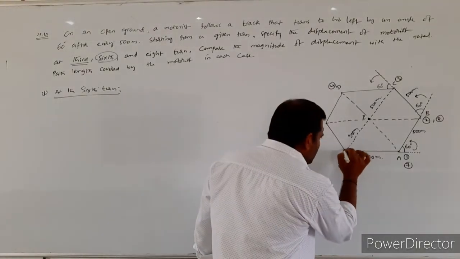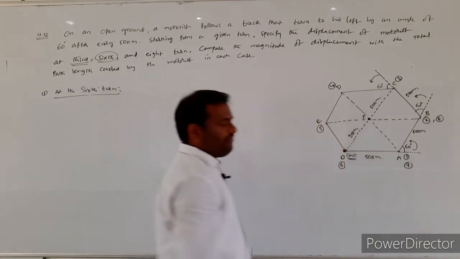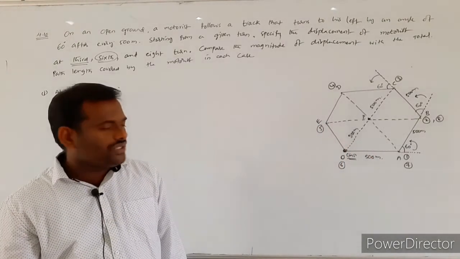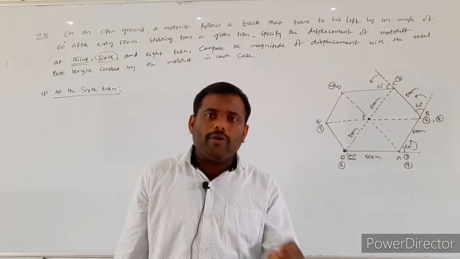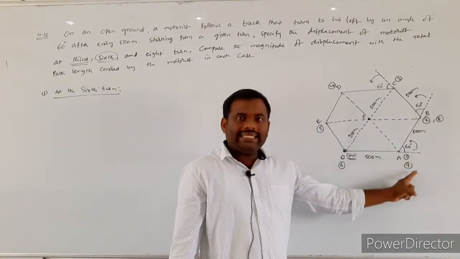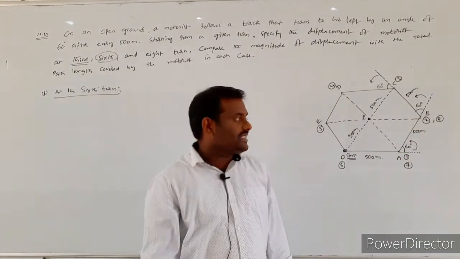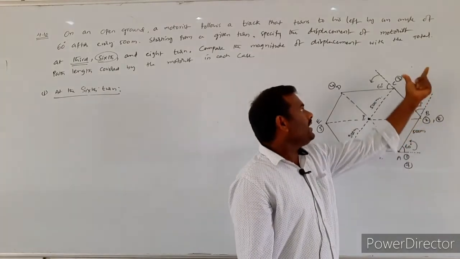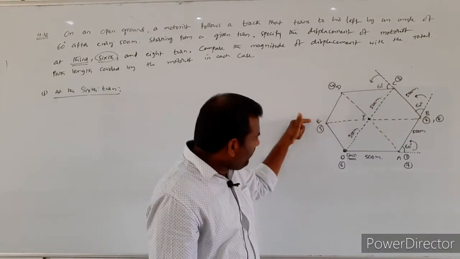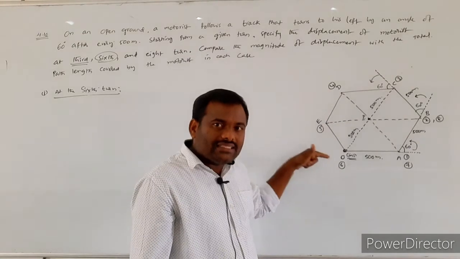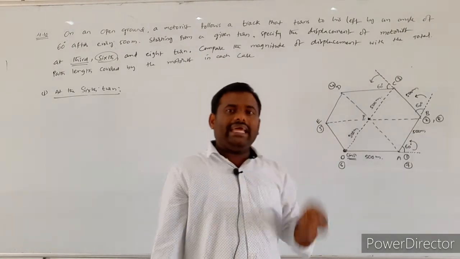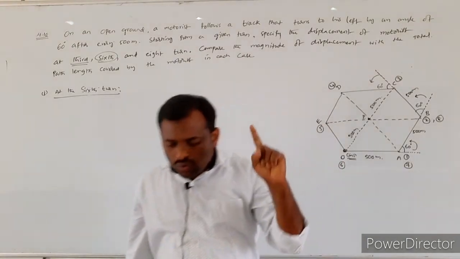The motion starts from the point O. At the point A he took the first turn, then the second, third, fourth, fifth and sixth. The sixth turn itself takes place at the point O only.